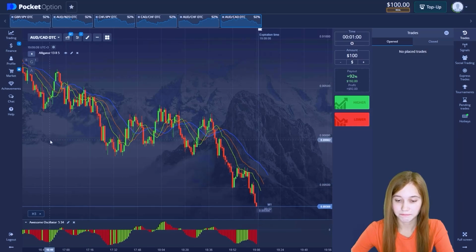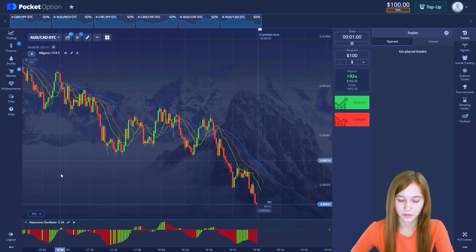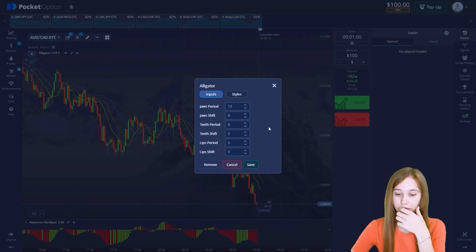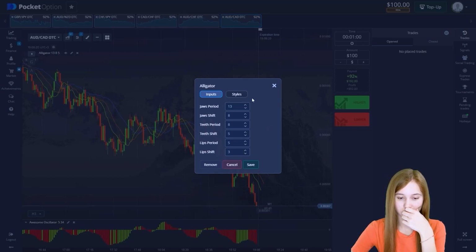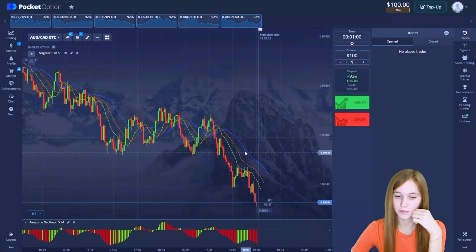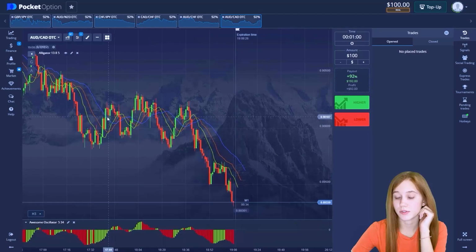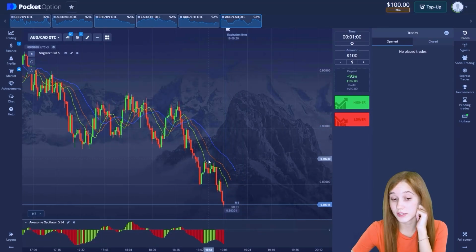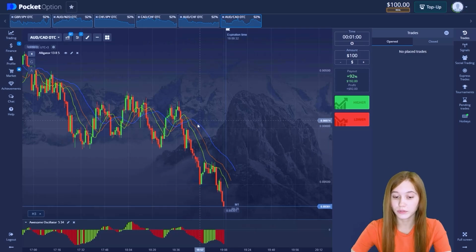indicators. So the first is Alligator. These settings. So the most important thing to use the indicator is to concentrate on these 3 lines: blue, red, and green.